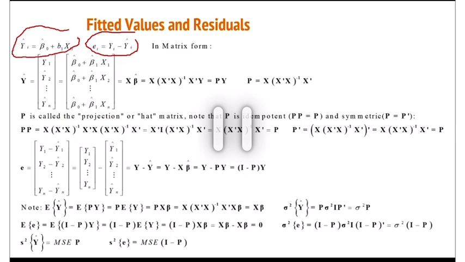I want to show something now. Please pay attention. How are we able to get the fitted? Take a look at what I have. I got this guy, and this is the fitted. The fitted is the same thing as the average. The fitted is the same thing as the mean function.